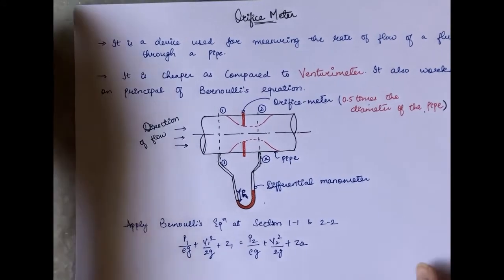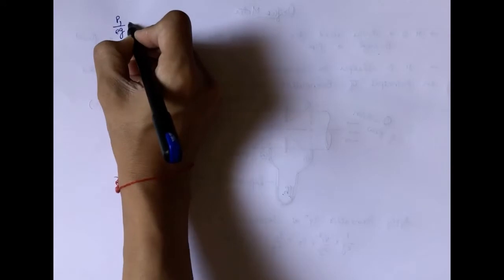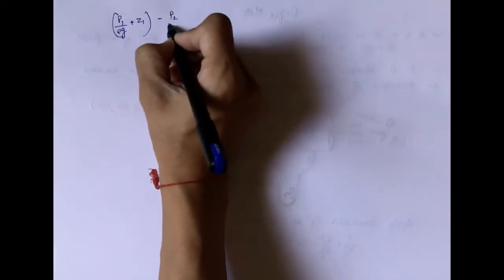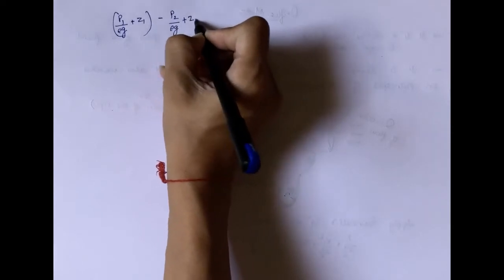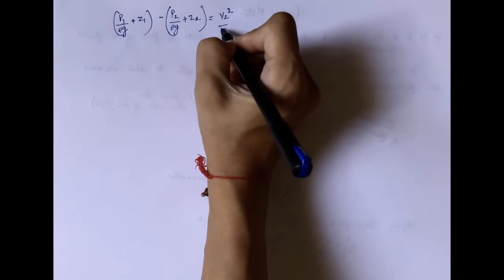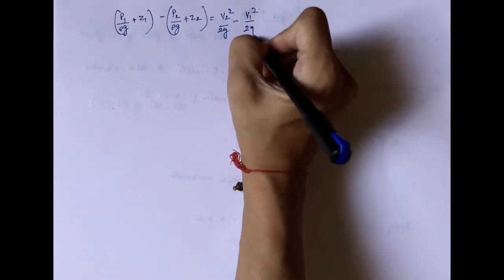So, rewriting this equation as P1 by rho g plus Z1 minus P2 by rho g plus Z2 is equal to V2 square by 2g minus V1 square by 2g.